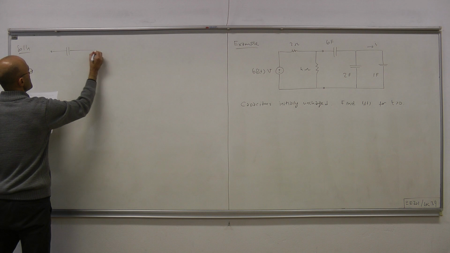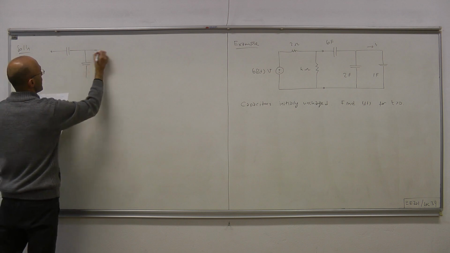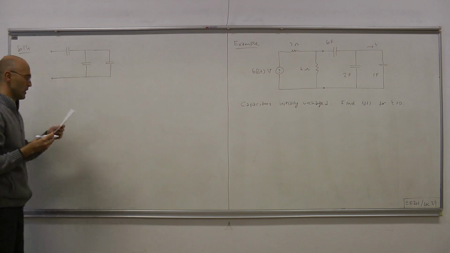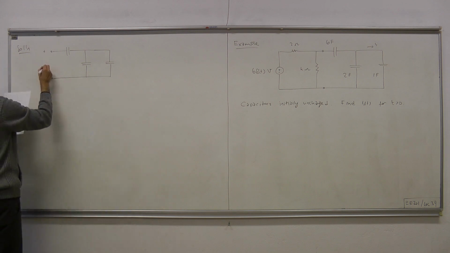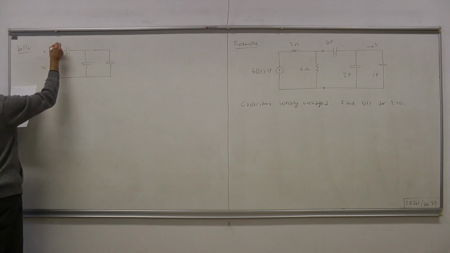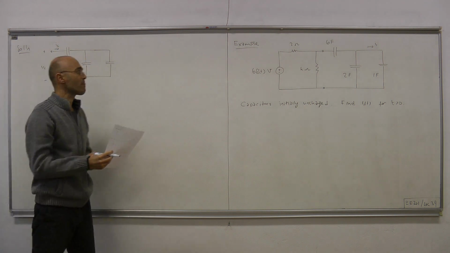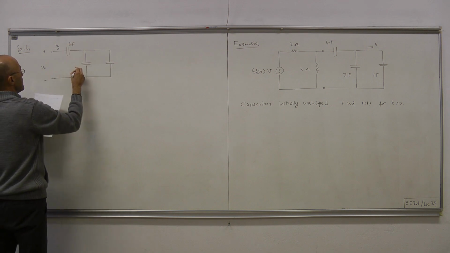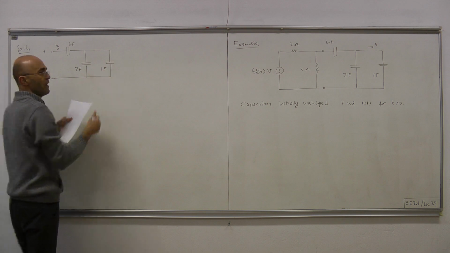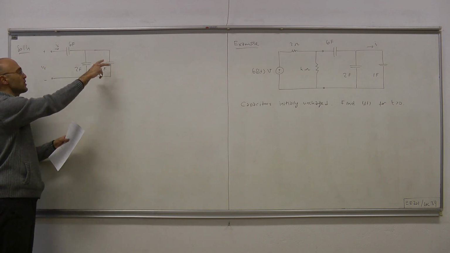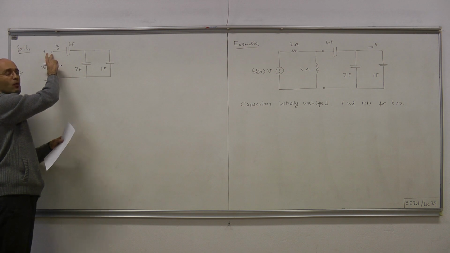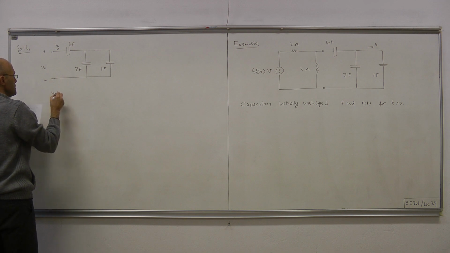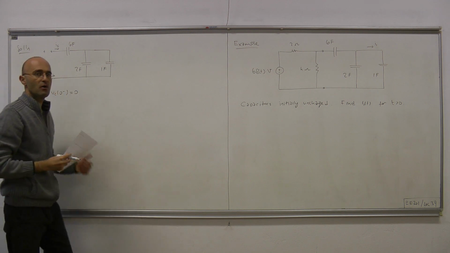So this is what we want to simplify: the bank of capacitors. Let me label the voltage and current at the port terminals as such. This is 6F, 2F, 1F. So everything is uncharged, therefore the initial voltage seen at the port terminals is 0, vC(0 minus) equals 0.